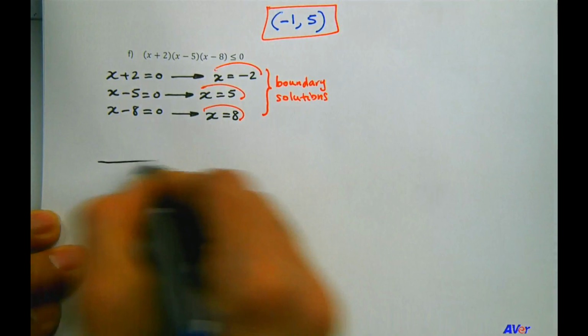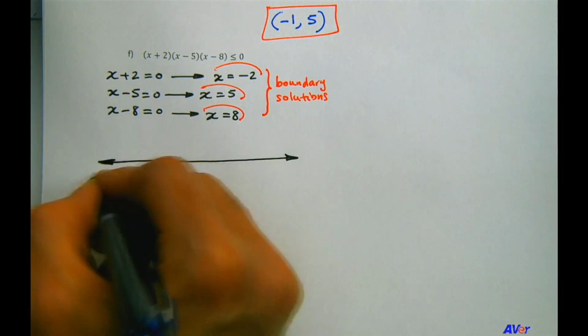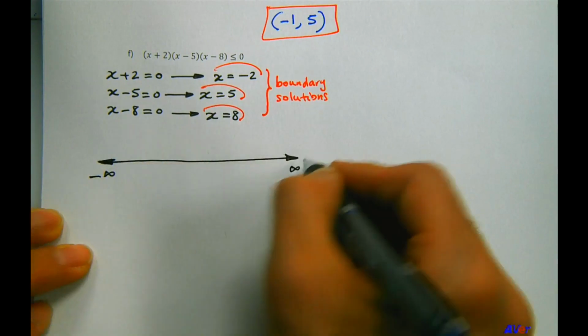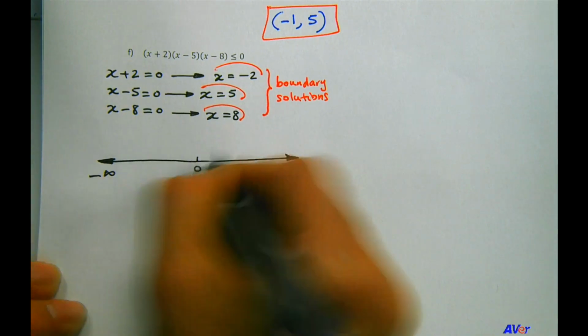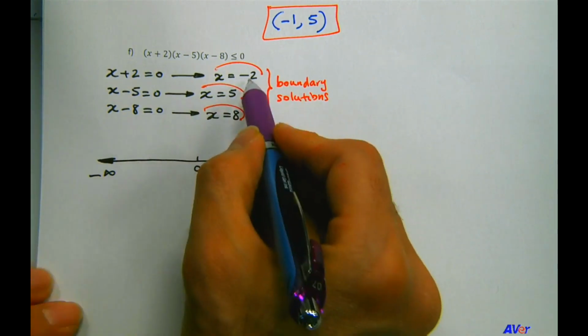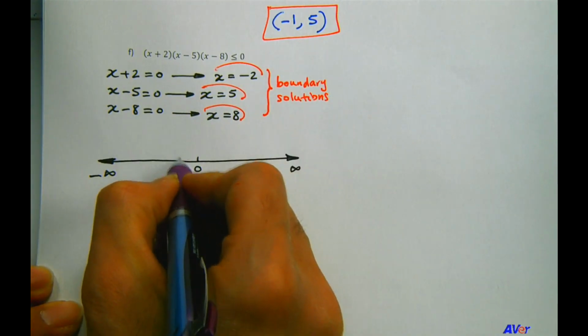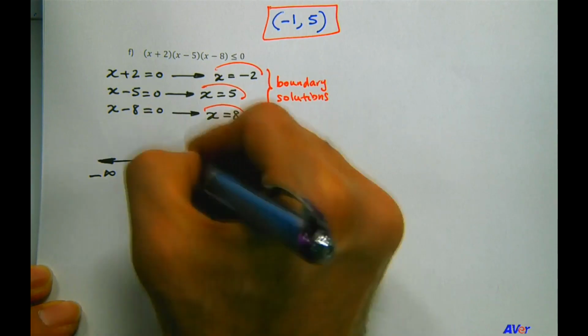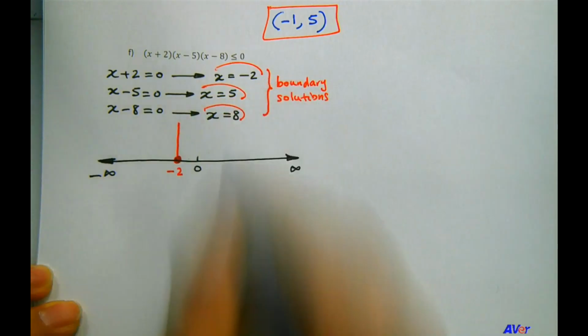We don't have to draw this graph, but I'm just drawing it to make sure that everyone is following what we're trying to achieve here. So we have the 0 here in the middle. Then we have -2, and the boundary solutions are part of the solution, so I'm going to put a filled-in circle, and a solid line on top of it.